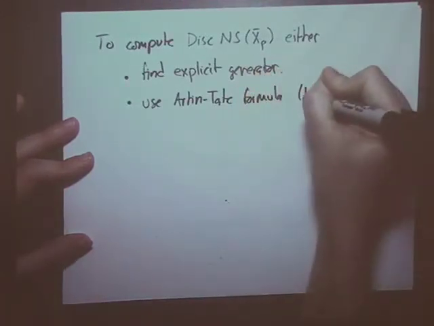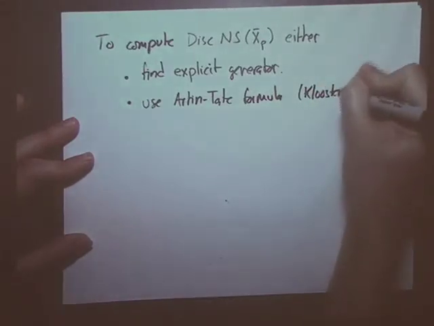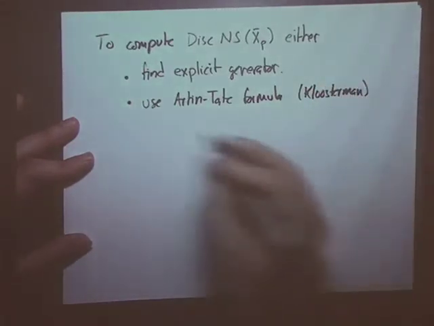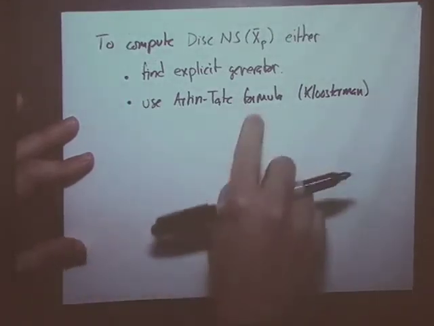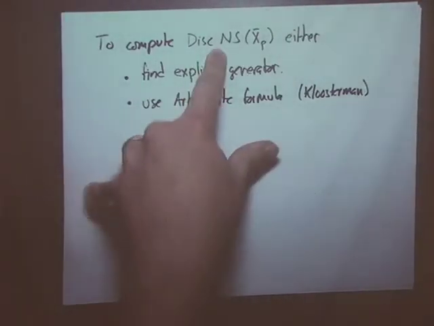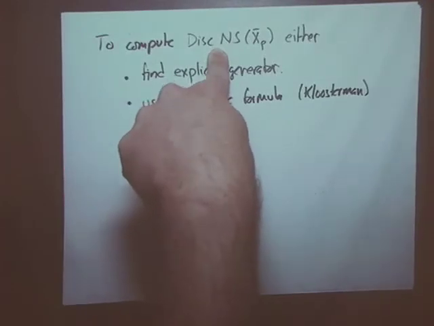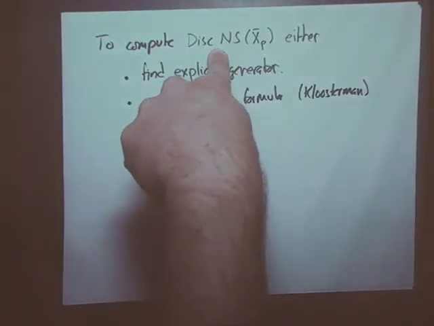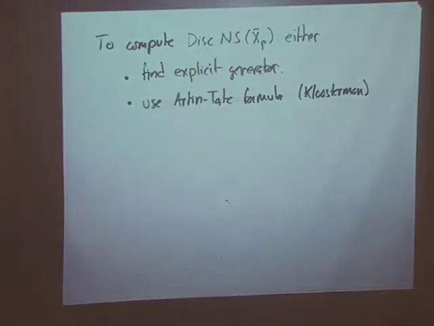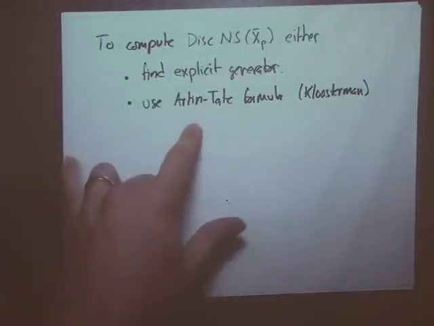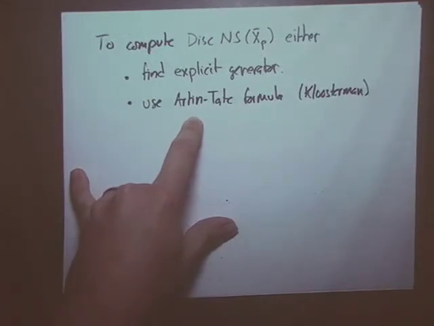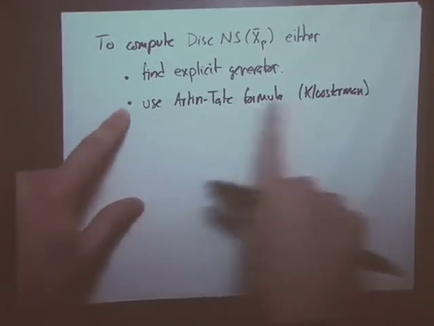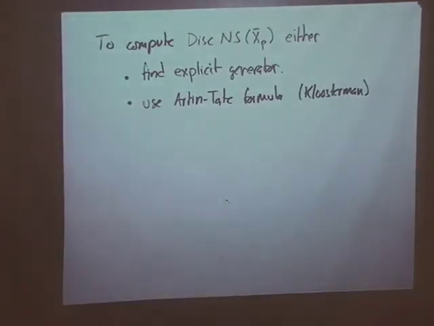Klosterman made this observation. The Artin-Tate formula will tell you what this discriminant is up to squares. That's good because I only need to know what these discriminants are up to squares. The Artin-Tate formula follows from the Tate conjecture, and the Tate conjecture is now known when q is odd. So I can use this trick once q is odd. If q is even, the point counting is not hard, but the discriminants could be difficult to compute.